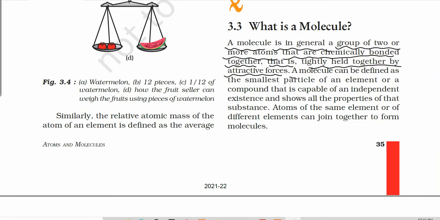So a molecule can be defined as the smallest particle of an element or a compound that is capable of independent existence and shows all the properties of that particular substance.